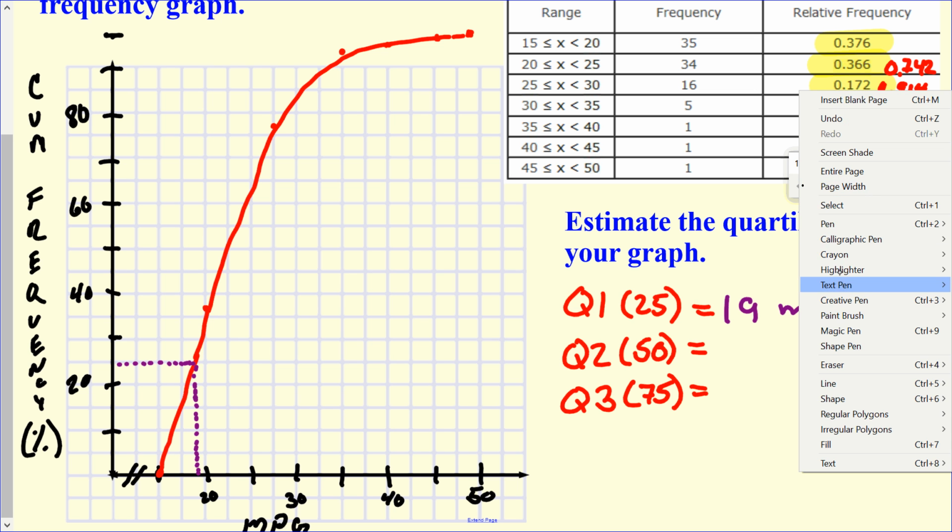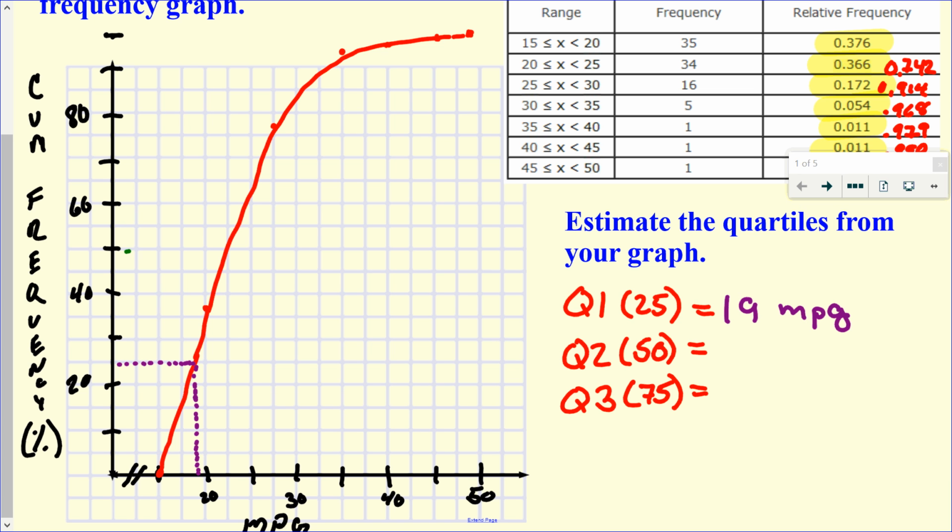All right. When we look at the 50%, reach 50, come across. That looks to be at 22.5 miles per gallon.